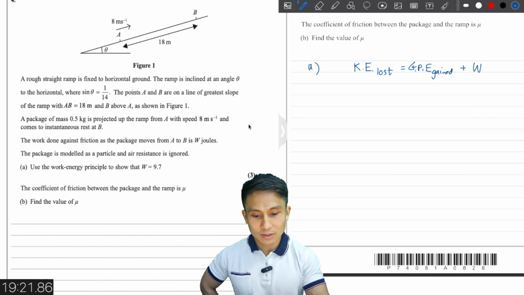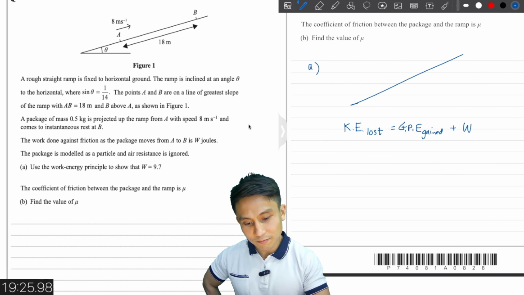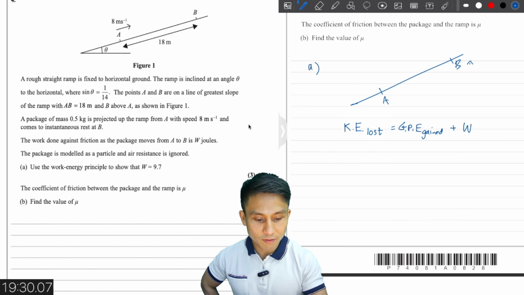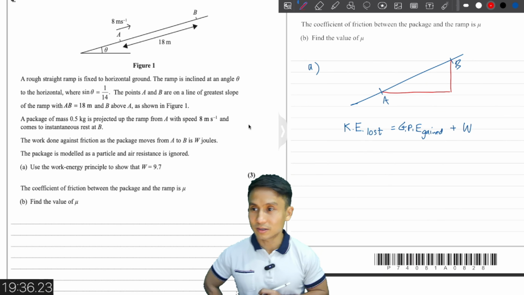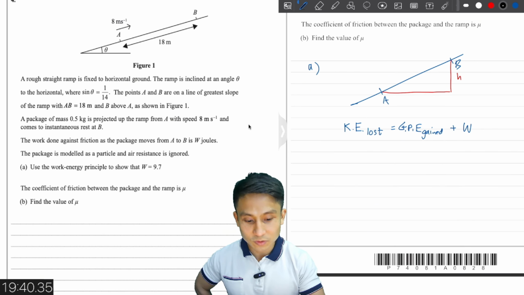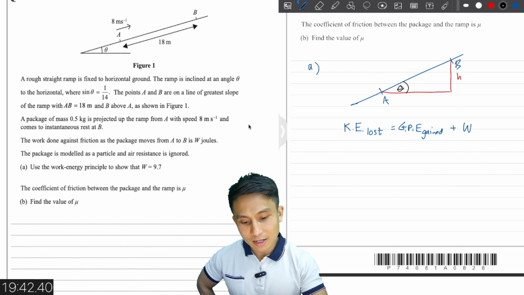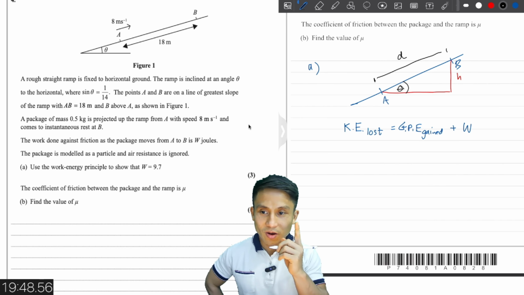Let's draw a little diagram as well. You have point A to point B, so you have a height change. We need this height change to plug in for the GPE gained. We know this is theta, and this is distance D. We know the distance AB already; it's given as 18.